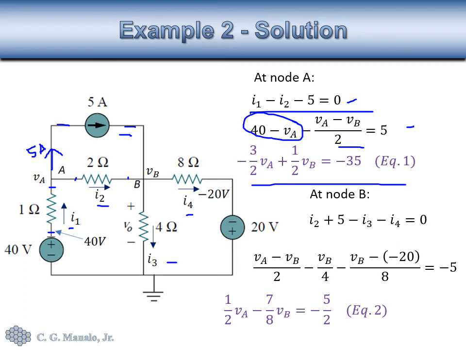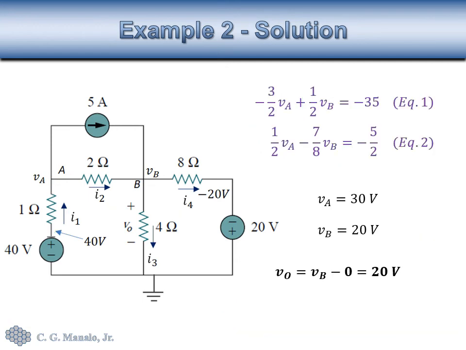Now for node B, we could also write KCL, and this is the KCL equation. Replacing the currents by the node voltages or node potential voltages, we get this, and simplifying, we get equation 2. Since we only have two node voltages, we can now solve the problem.